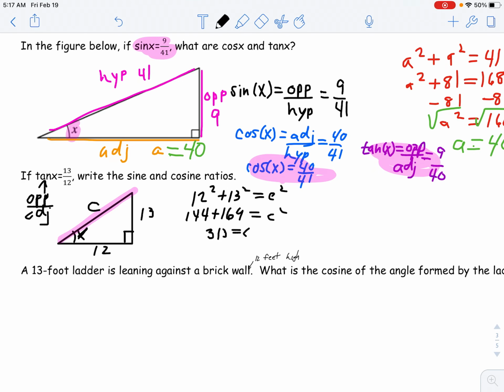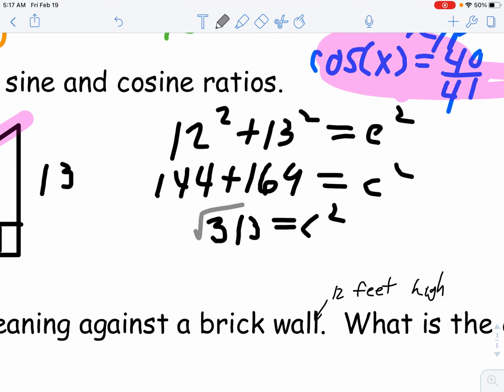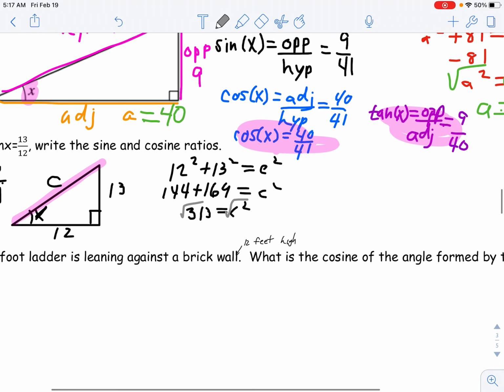So we're going to get some decimal. That's okay, we have to be comfortable using decimals. So c, the hypotenuse, equals the square root of 313, which is 17.7, rounded to the nearest tenth.